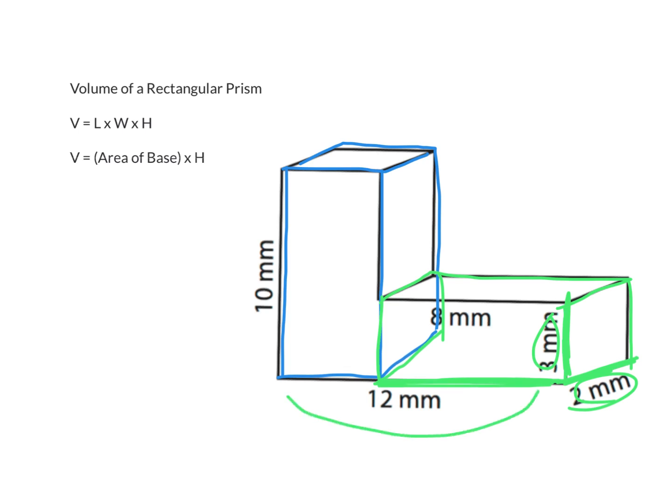So that's not going to work for me. It's a little bit messy because I kind of scrolled over this, but this 8 is applying to this full length back here. So I can go with the 8. So I have 8 times 3 times 2. And that is going to give us 48.